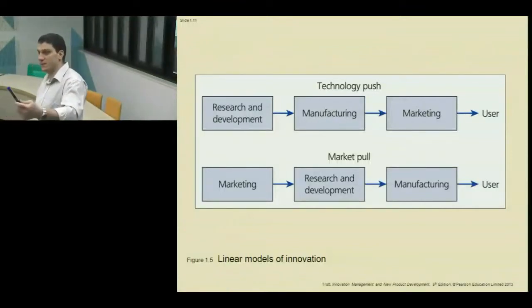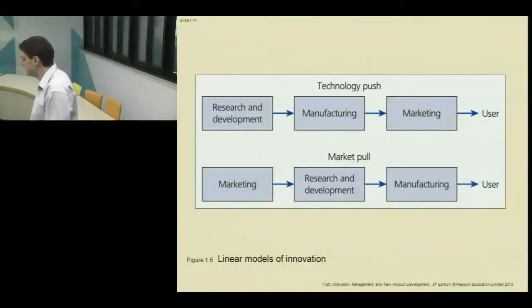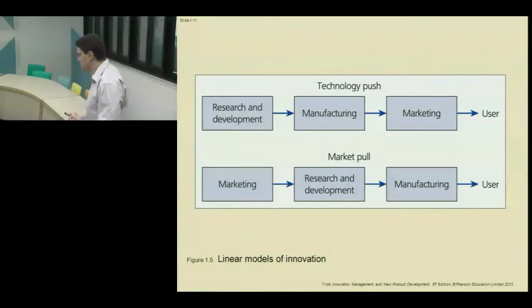On the other hand, we have market pull. Market pull does not start with R&D. It starts with exploring what the market needs. So we pull ideas, we pull insights from the market. Then we're trying to make those ideas a concept.